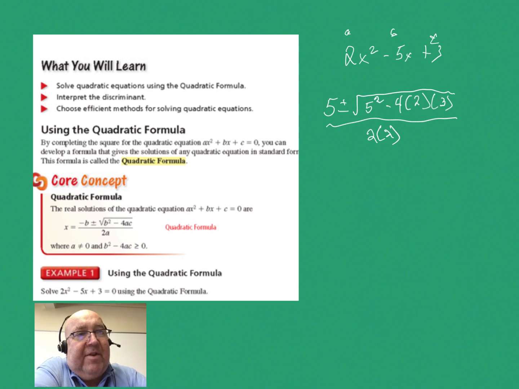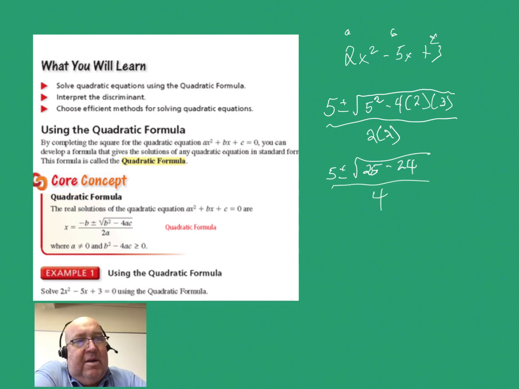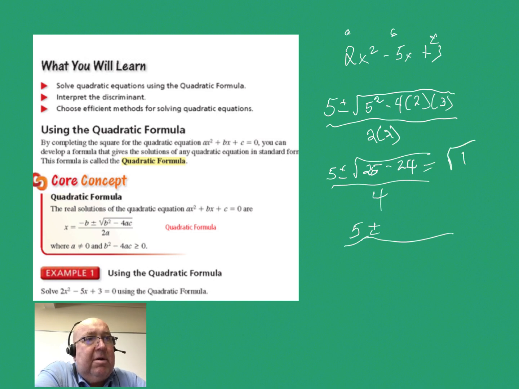So let's simplify things a little bit. We're going to have 5 plus or minus the square root of 25. 4 times 2 times 3 is 24, minus 24, and divided by 4. 5 plus or minus, and we end up with the square root of 1 here.